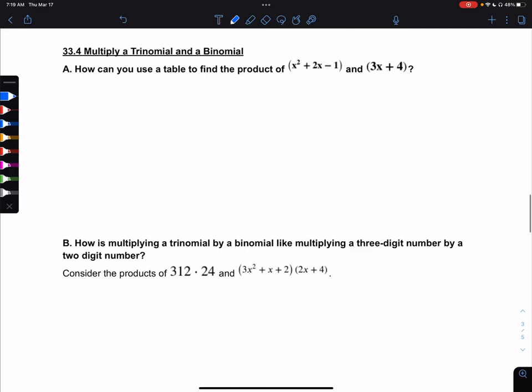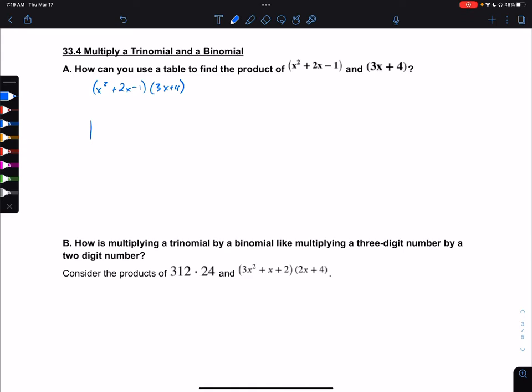So if we have x squared plus 2x minus 1, and we want to multiply that by 3x plus 4, there's a couple different methods you can use. You can use the distributive method. That gets sometimes a little unorganized. So what we're going to do is use a table.